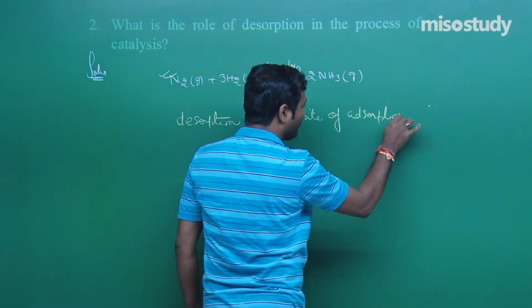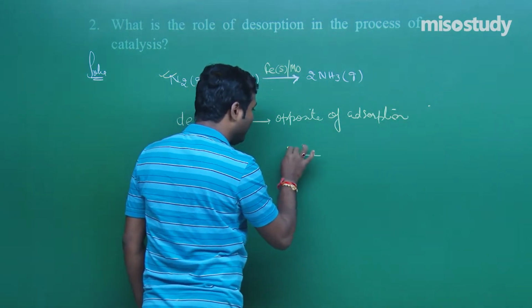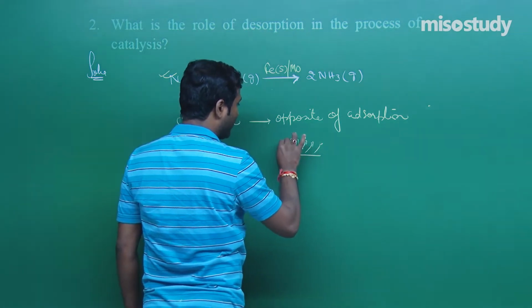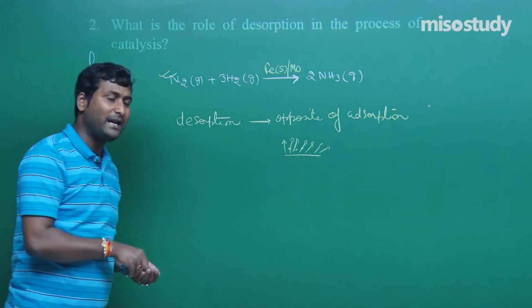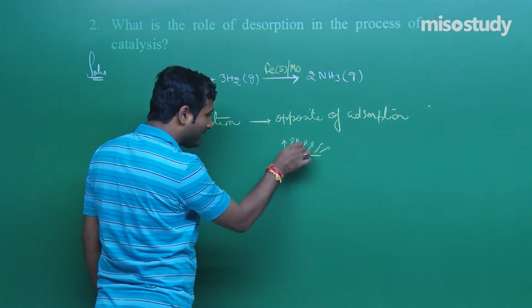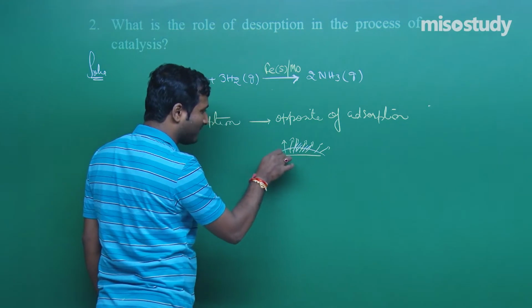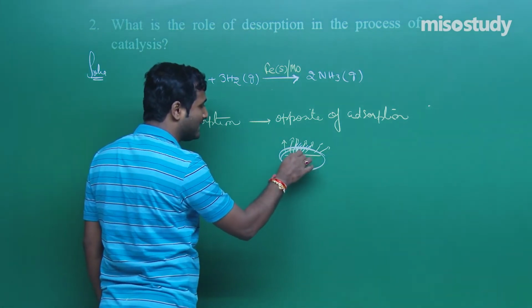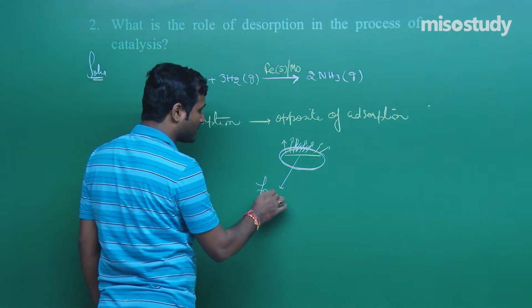That is, the particle leaves the surface of the adsorbent. Clear? What will happen when desorption takes place? The particle will be released from the catalytic surface and we get a fresh surface of the catalyst for further reaction, my friend.